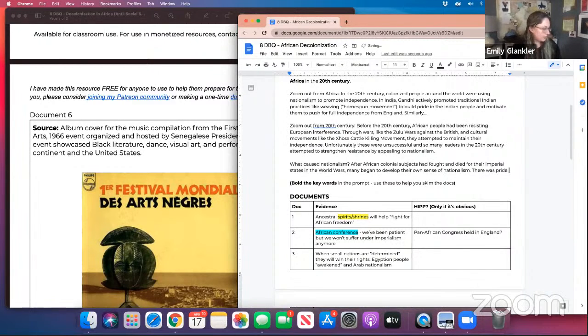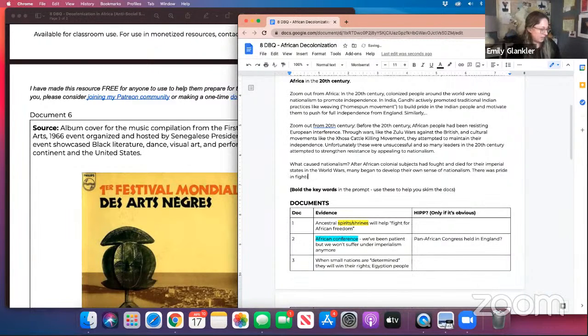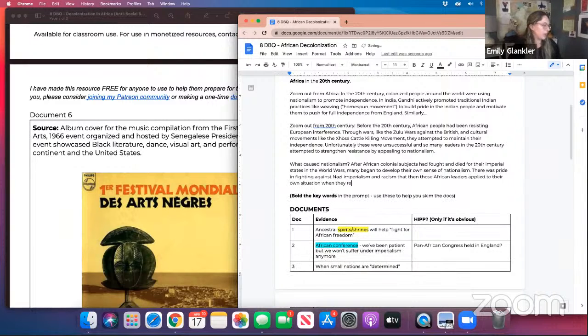There was pride in fighting against Nazi imperialism and racism that those African leaders then applied to their own situation when they returned home after World War II. Boom. Right? And so, again, all of these could be context. Any of them could be. And you should only do one, to be clear. You should not do all of these. The point is there's sort of an infinite number of ways you can contextualize. You just have to make sure it applies to what you're going to argue.